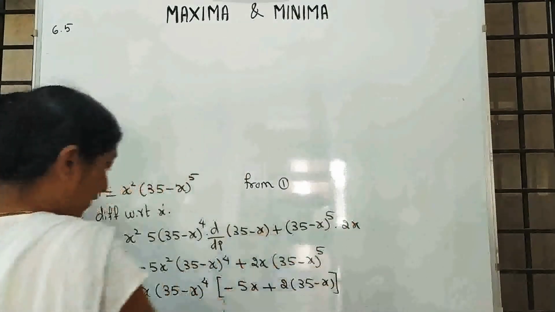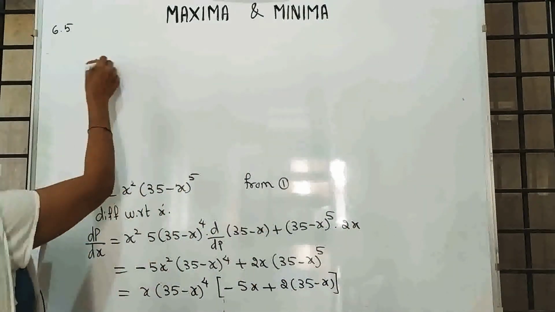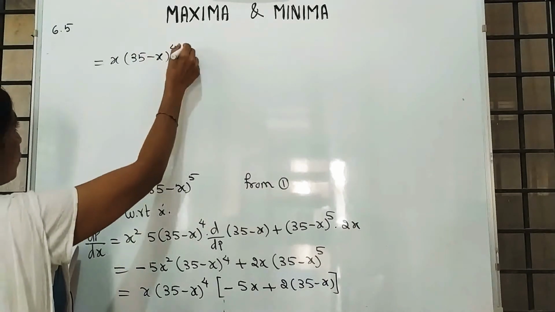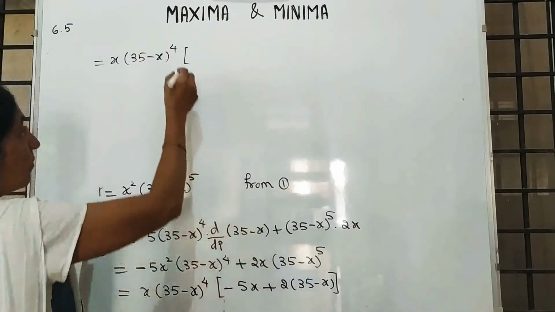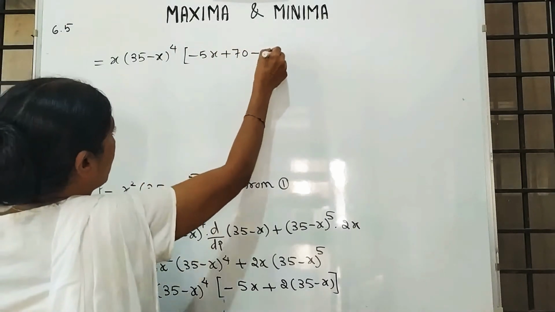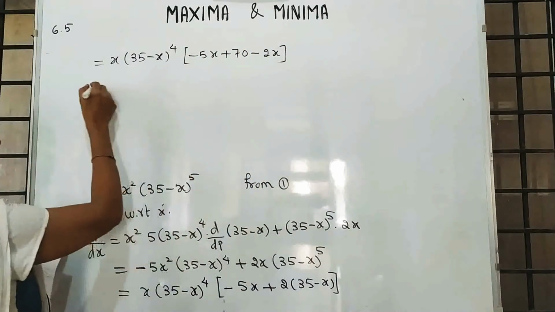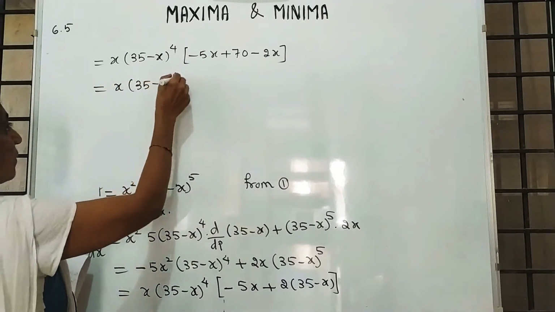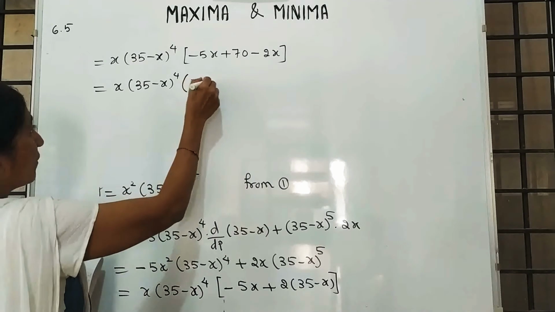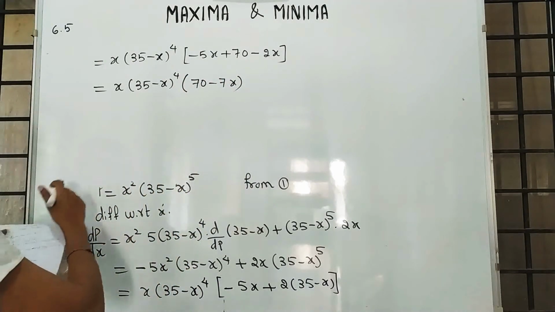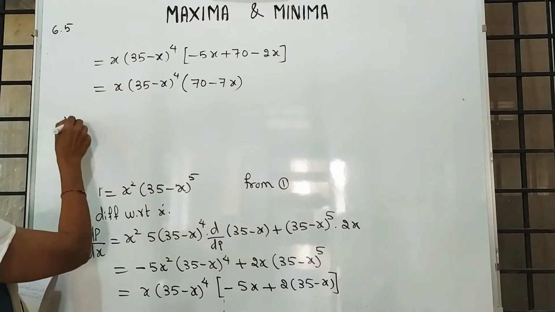Simplify that: x into 35 minus x raised to 4 in the bracket, minus 5x plus 70 minus 2x. So it is x into 35 minus x raised to 4 in the bracket 70 minus 7x. This is the first derivative. Now we have to equate this with 0.